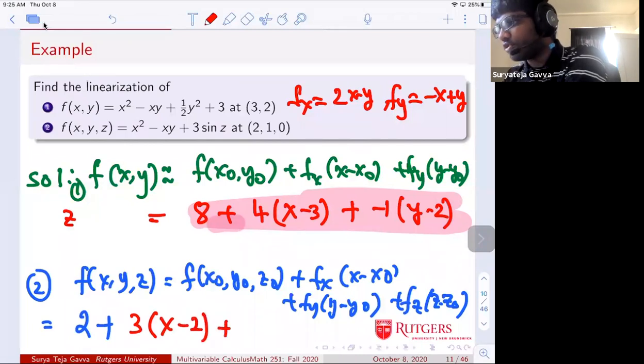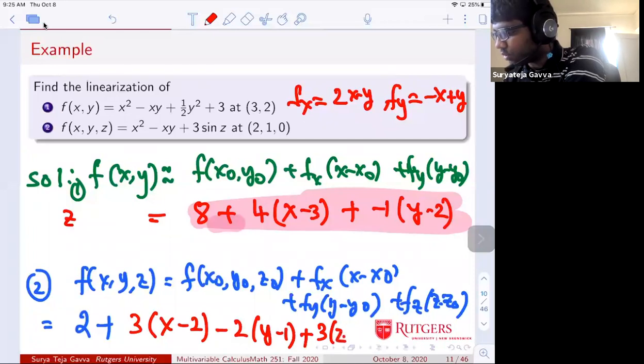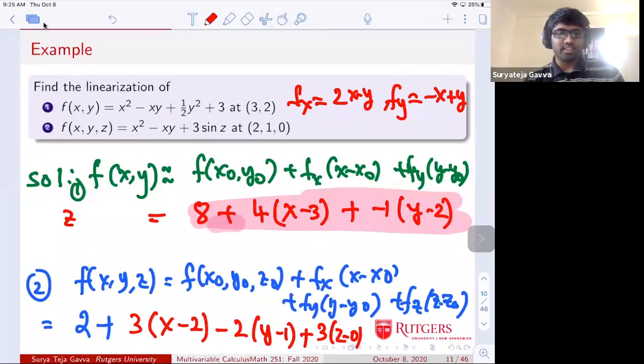And fy turns out to be minus 2. Just compute fy. This is a function, right? So just compute the derivative with respect to y. It turns out to be minus 2, so it's minus 2 times y minus 1. And finally, fz turns out to be 3, so this is 3 times z minus 0. So that's the linearization of this function.